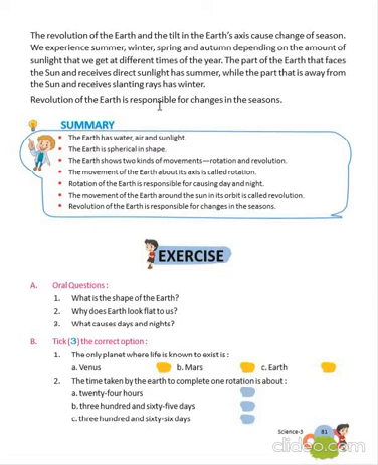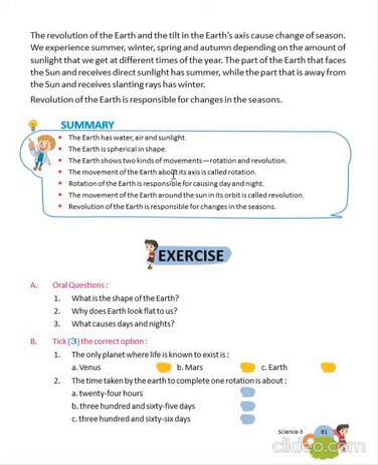Now come to summary. The earth has water, air and sunlight. The earth is spherical in shape. The earth shows two types of movements, rotation and revolution. The movement of the earth about its axis is called rotation.